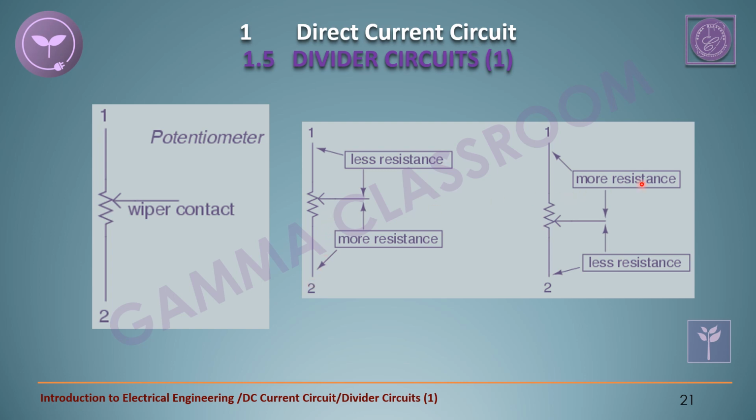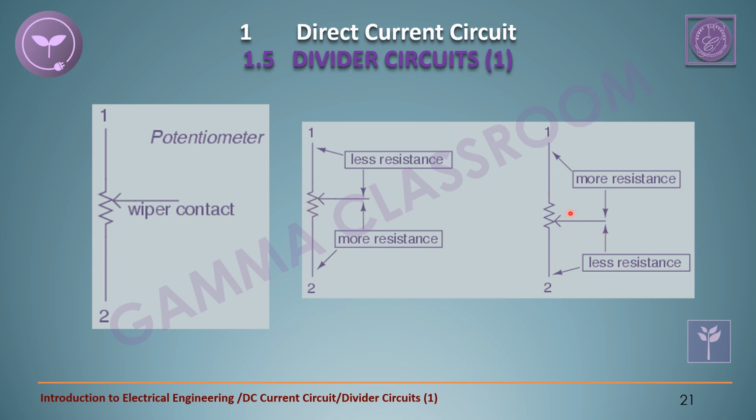So the voltage drop across the bigger resistance is bigger, and the voltage drop across the smaller one is smaller, because voltage is proportional to resistance.